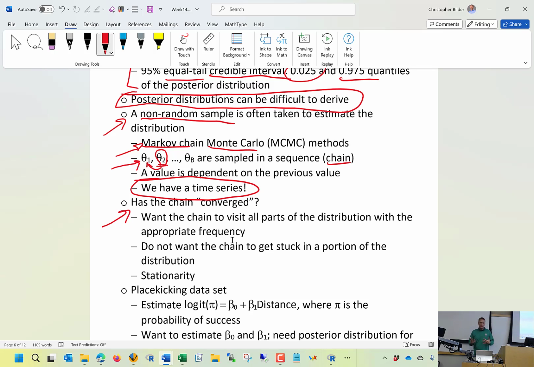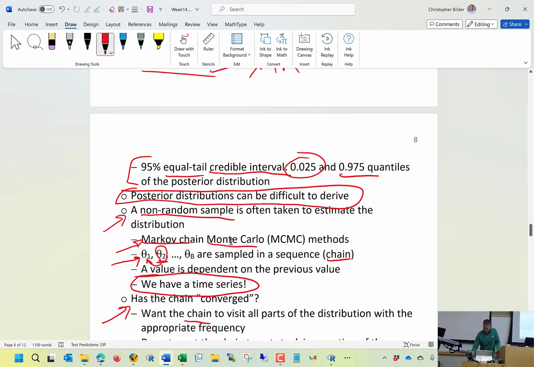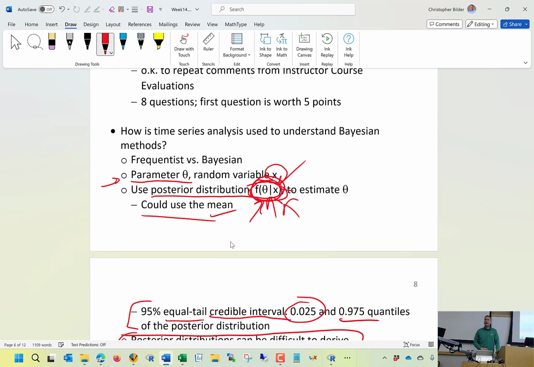All that basically means is: is the sample I got truly representative of the probability distribution f of theta given x? Say this was my posterior distribution, and I'm going to get sampled values, which I denote by x's. Since there is a higher area under the distribution right here, I'm going to get more sample values here.